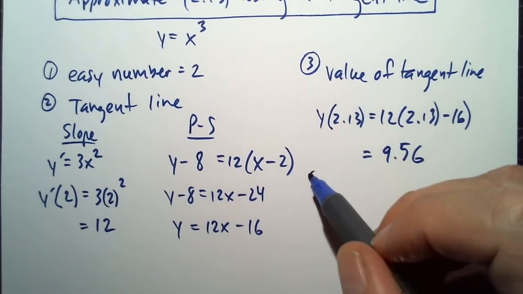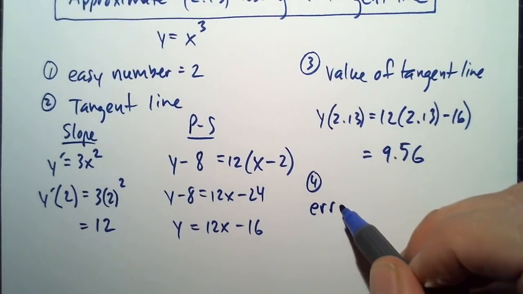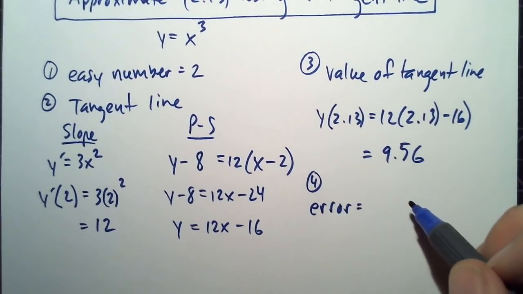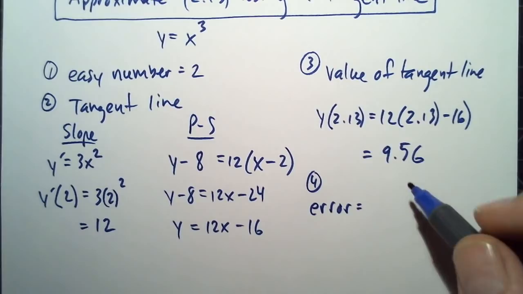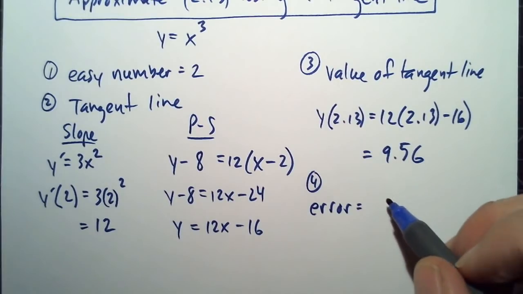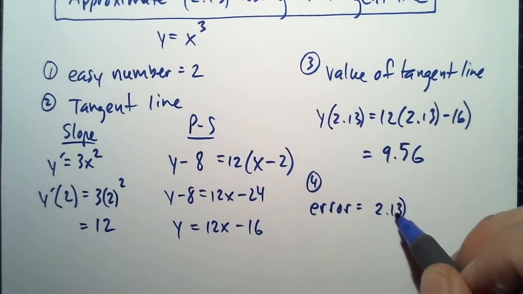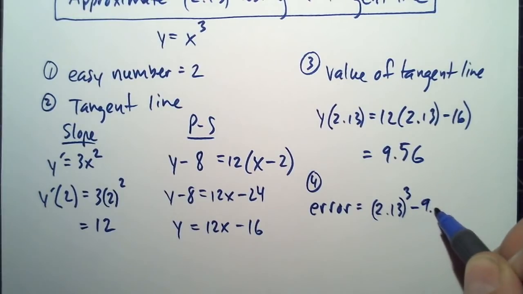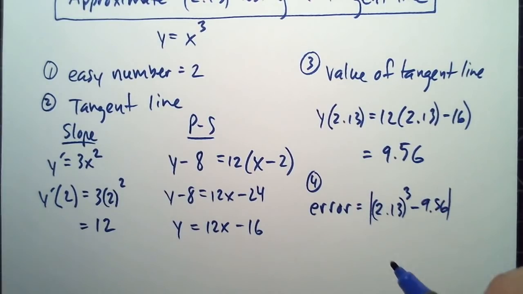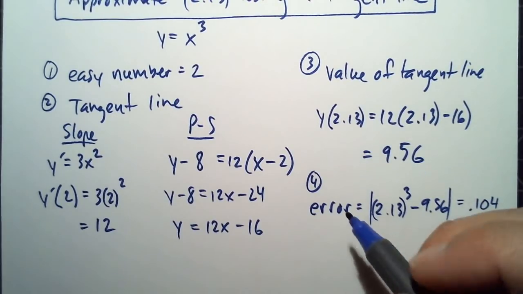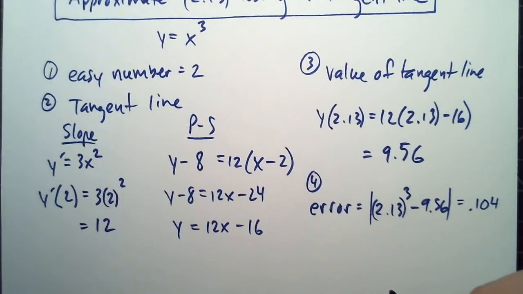And then we can look at the error. The error is the actual value minus the approximation, absolute value, and that is 0.104.